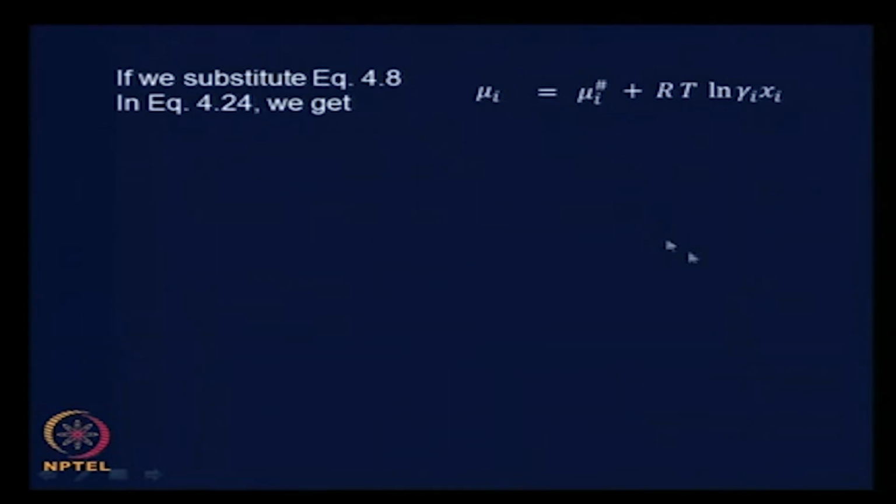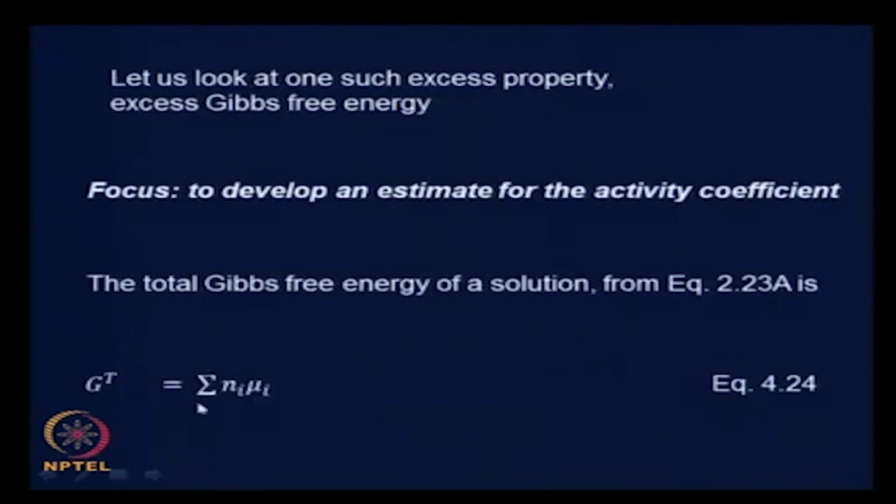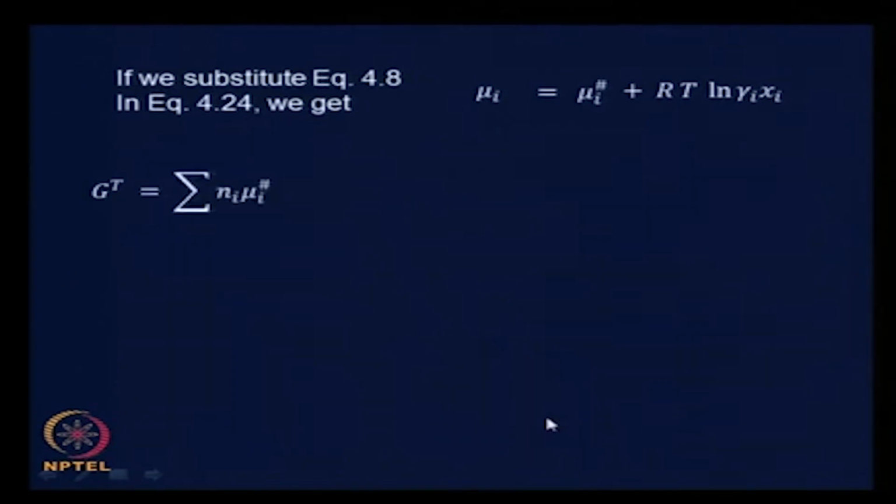We are going to substitute mu_i with mu_i hash plus RT ln gamma_i x_i. RT ln gamma_i x_i could be written as RT ln gamma_i plus RT ln x_i. You know that ln of AB is ln of A plus ln of B.